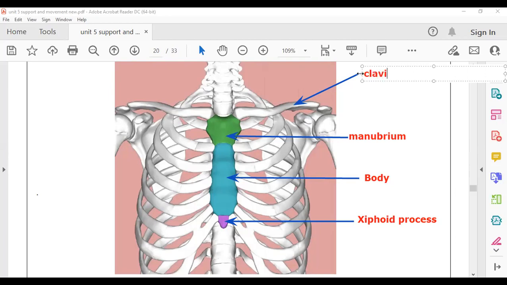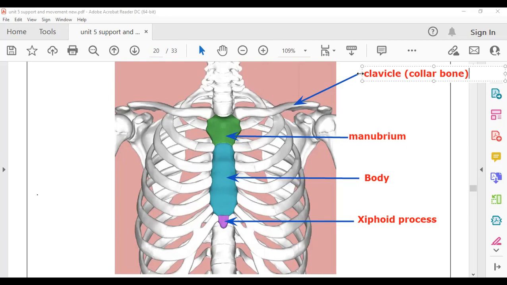It has another name, collarbone. If slim people are there, who have low body weight, you can see their collarbone protruding outside the skin, right? That is the collarbone.